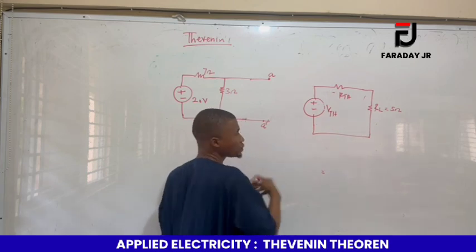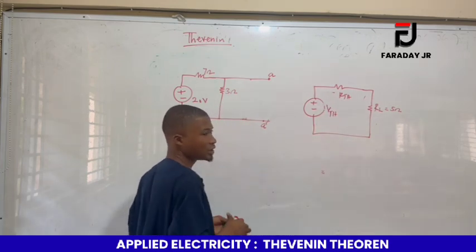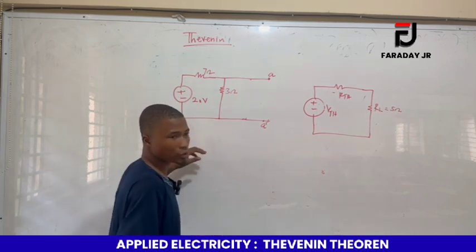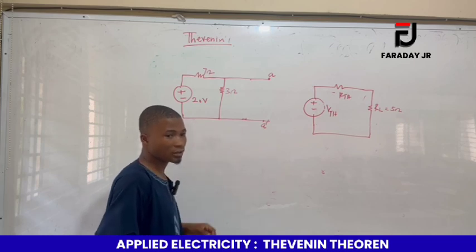The main aim is to find the Thevenin voltage and the Thevenin resistance, and the same rules apply. Whenever we remove a voltage source, it becomes a short circuit, and whenever you remove a current source, it becomes an open circuit.